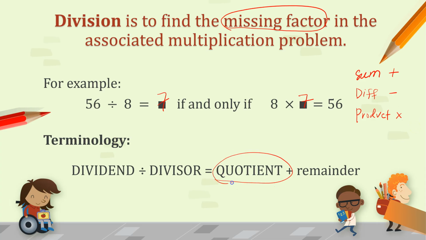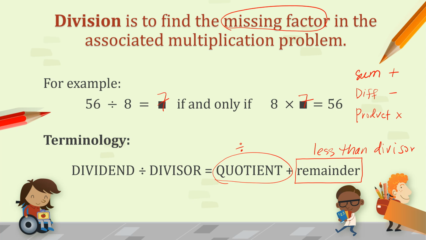Now we have a quotient. A quotient is the answer to a division problem, and if your division problem is left with something less than the divisor, the thing that you're dividing by, then we call that a remainder.